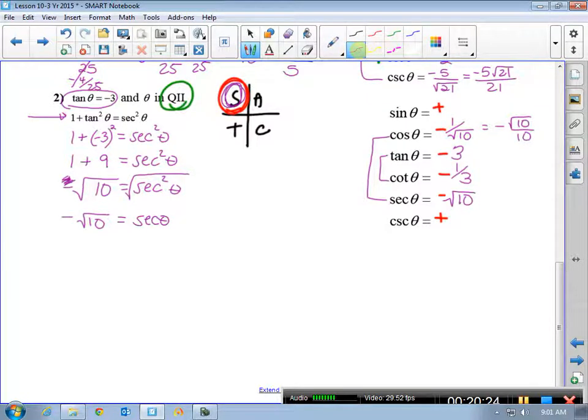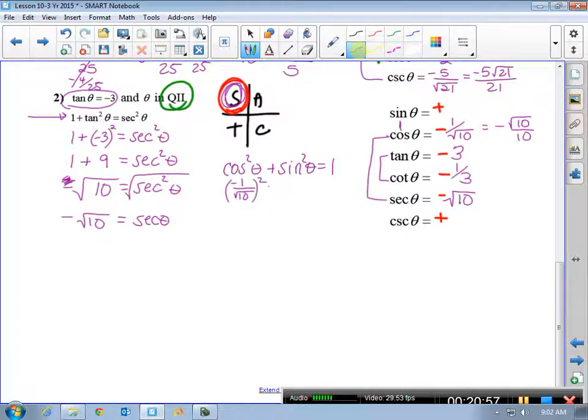And then the last part is, how do we get sine or cosecant? Well, since I have cosine, I can find sine because they have a related Pythagorean identity. Cosine squared theta plus sine squared theta equals 1. So let's substitute in cosine theta. You can use the original or the one that we rationalized.